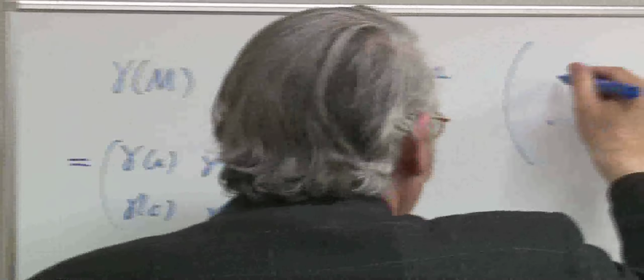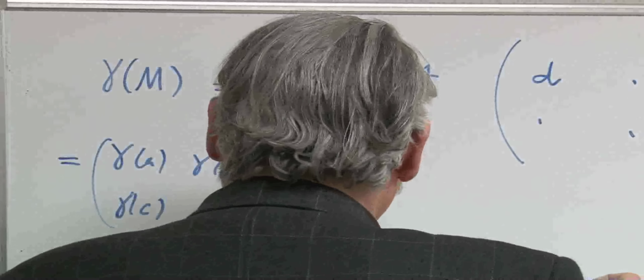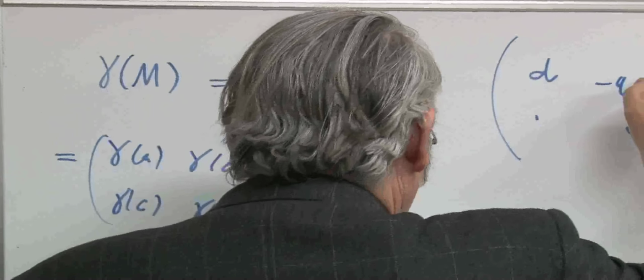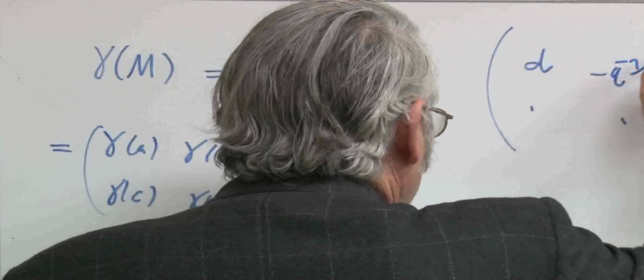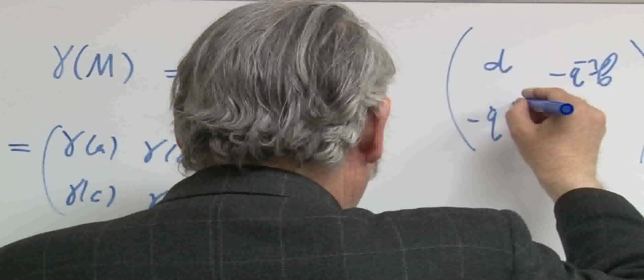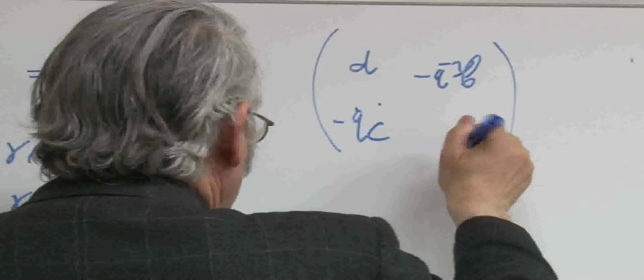Gamma of A is D. Gamma of B is minus q^-1 B. Gamma of C is minus q C, and this is A.